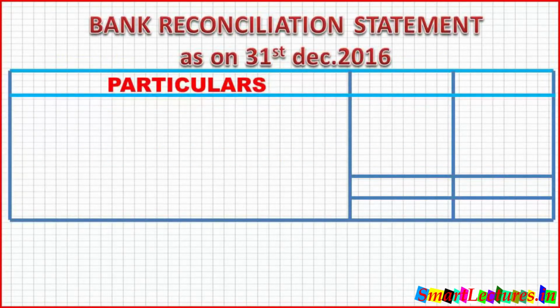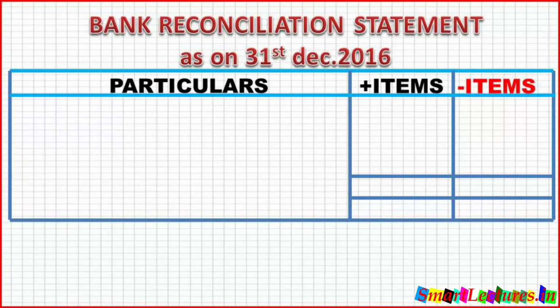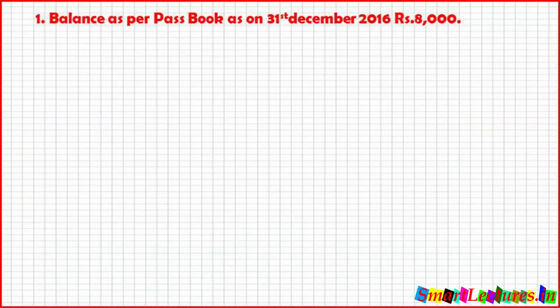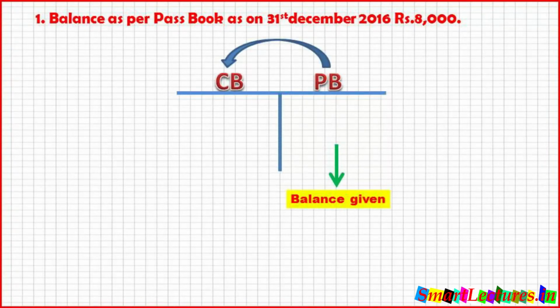So this is the format of bank reconciliation statement: particulars, plus items and minus items. First of all, balance as per passbook. It means the balance as per passbook is given and we have to reach balance as per cash book. Means we have to start our journey from passbook to cash book.